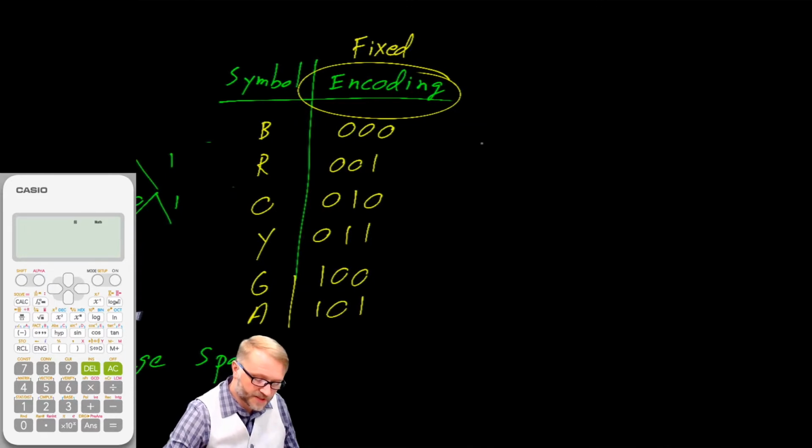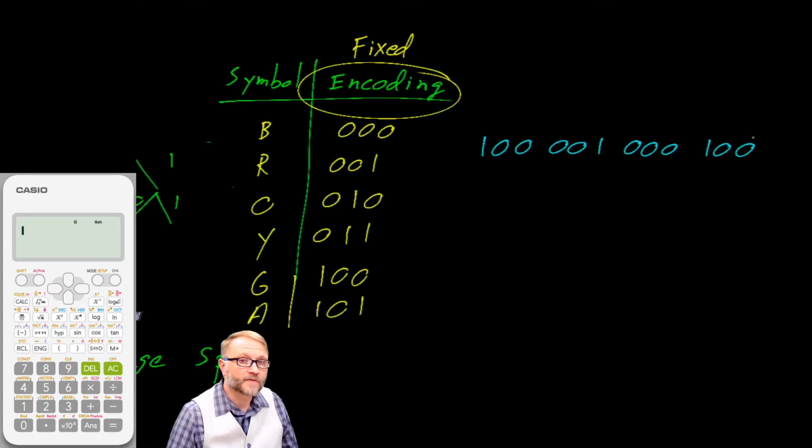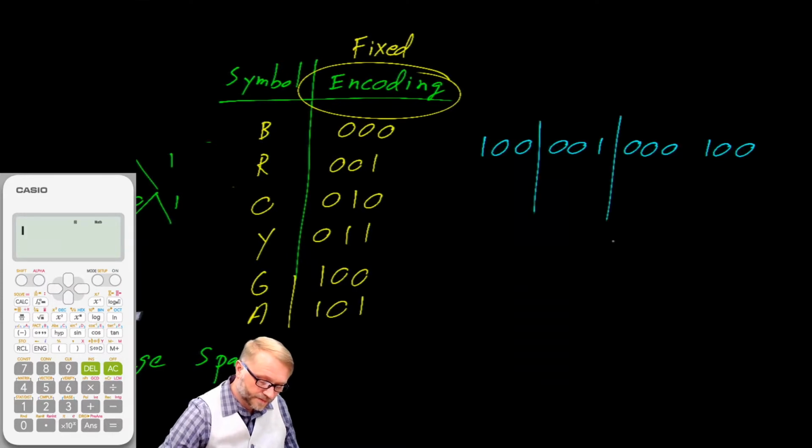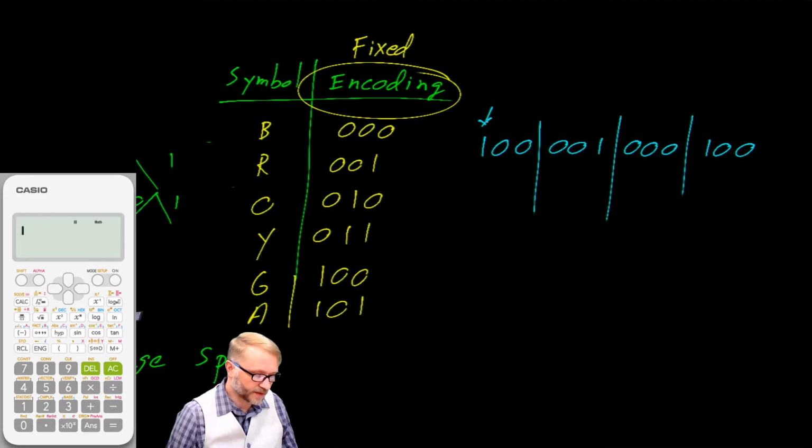Suppose I gave you this number sequence, 1, 0, 0, 0, 0, 1, 0, 0, 0, 1, 0, 0. From there, could you determine what the color sequences were? We'll assume that this is what's called the most significant bit, and we just look up our table.